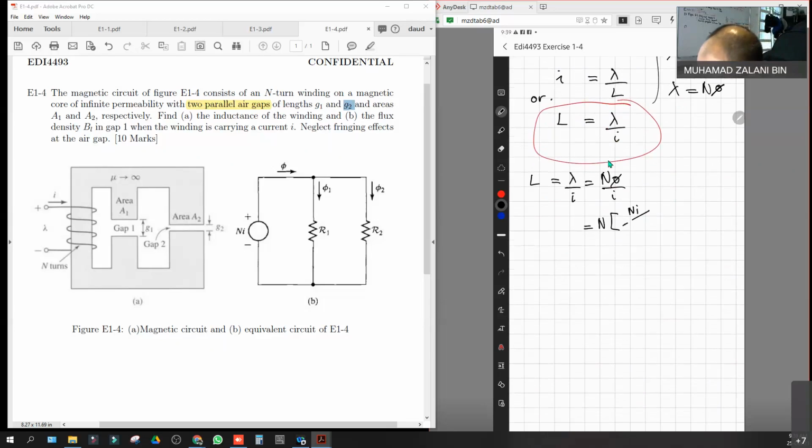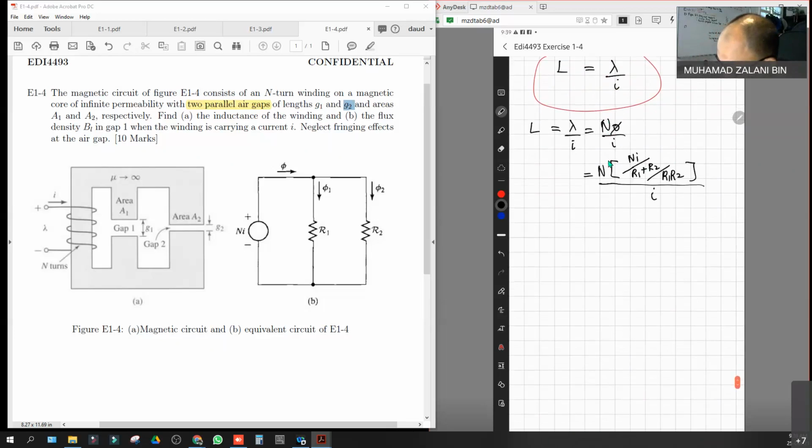Ni divided by R1 plus R2 divided by R1 R2, over I. Like that. So we have N square over I. The bottom one goes up on top, which is R1, R2.